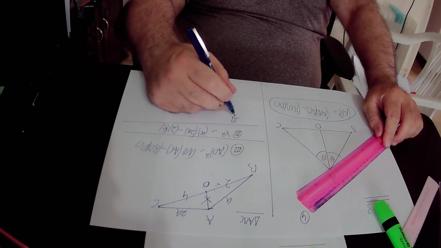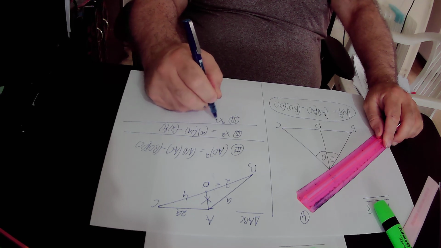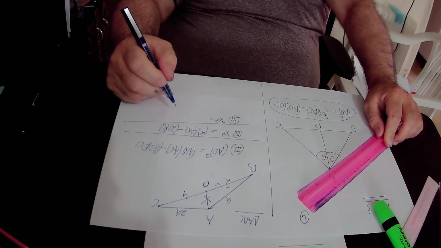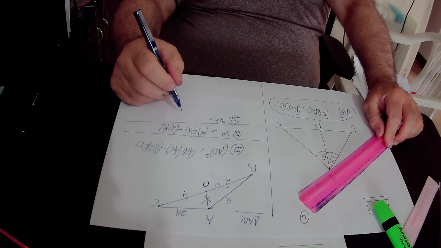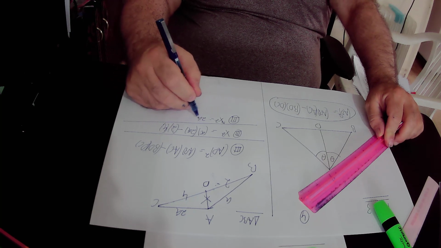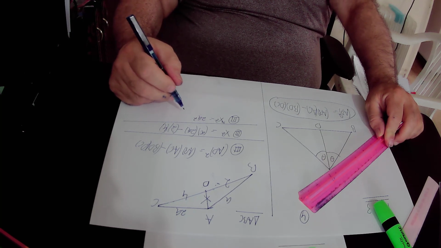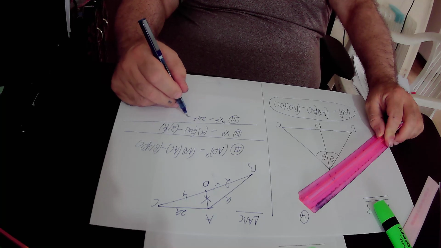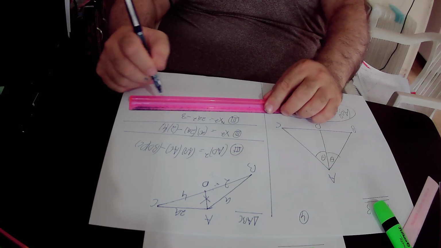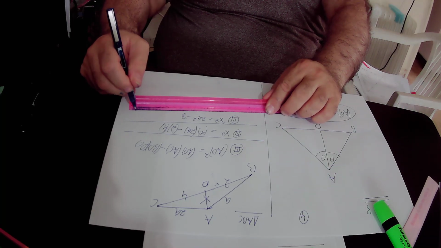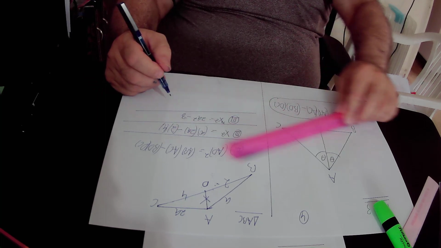That is to say, according to equation number 3, X squared equals A times 2A is 2A squared, minus 2 times 4 is minus 8. So X squared equals 2A squared minus 8.